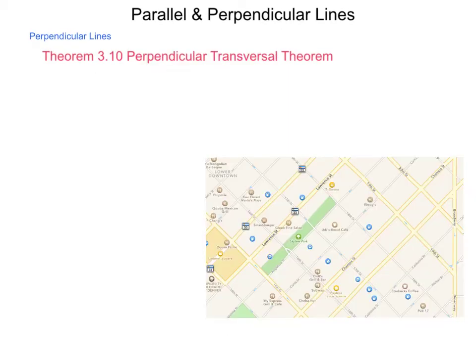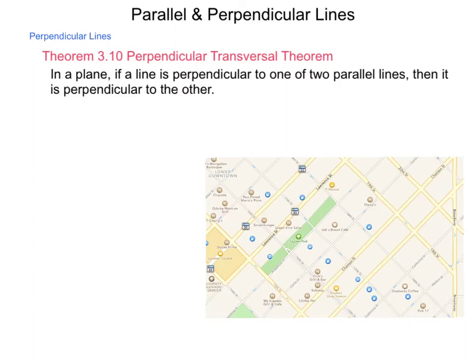So let's look at this theorem, which is called the perpendicular transversal theorem. It states, in a plane, if a line is perpendicular to one of two parallel lines, then it is perpendicular to the other.